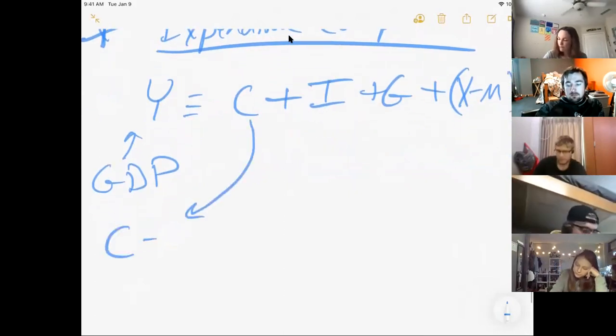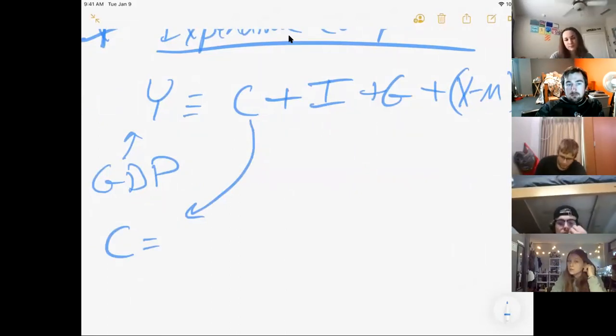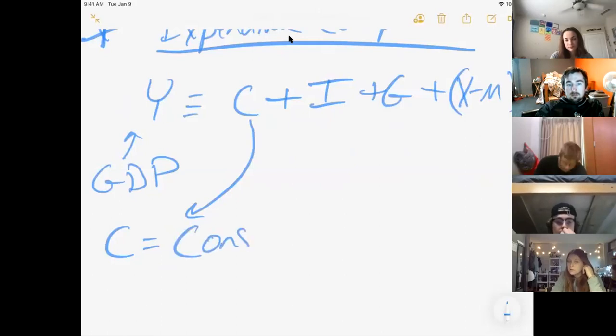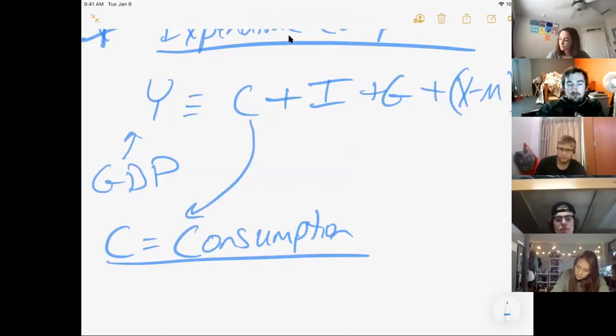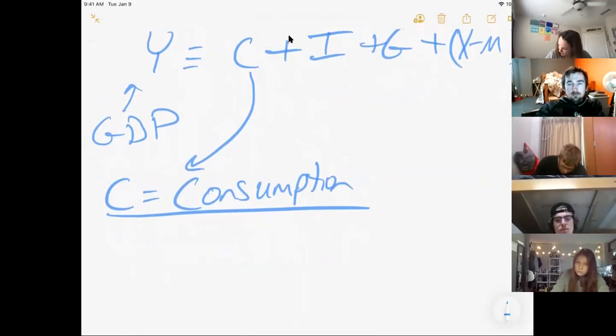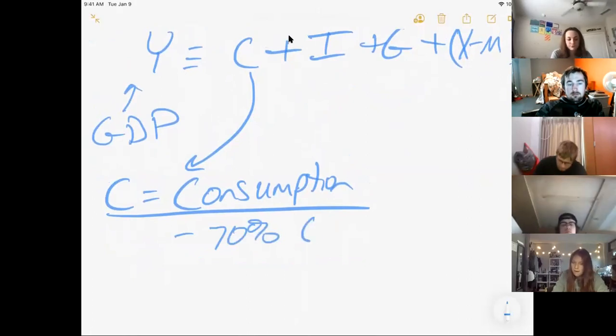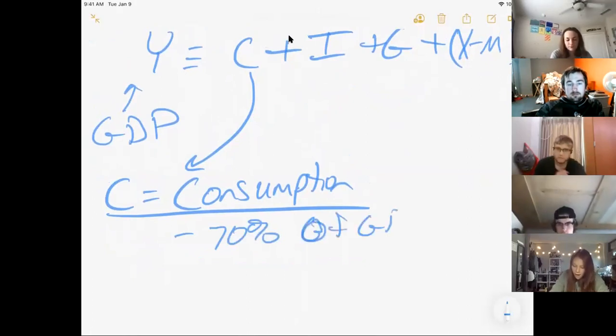C, anybody have any idea what C is? Consumption, yeah, you got it. These are consumption goods. Honestly, this is the biggest part of GDP. About 70% of GDP is consumption goods.